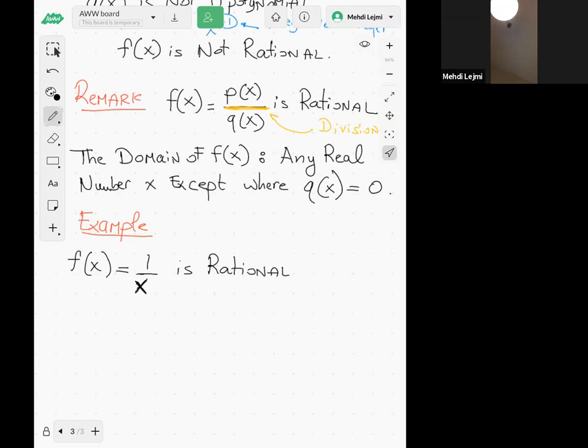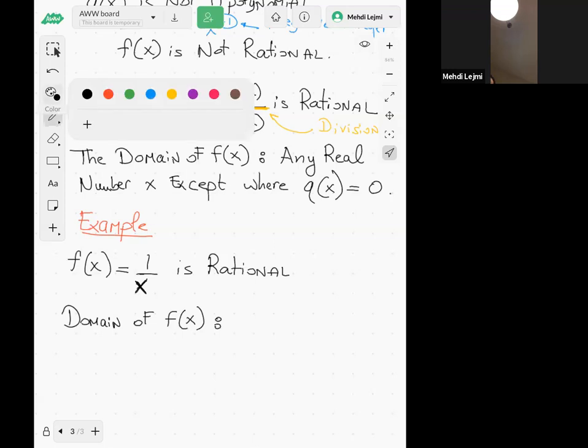So for this function f, first, what's the domain of f? In f of x we have a division, so we have to solve denominator equal to 0 and exclude the answer from the domain.